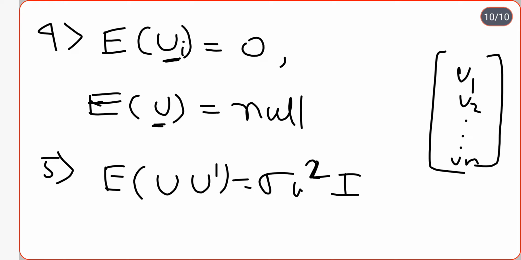That is a different concept, although in the CLRM or OLS technique, we assume that expectation of u u dash is nothing but sigma u square I. How can we derive it? This is also called the dispersion matrix of the error term.